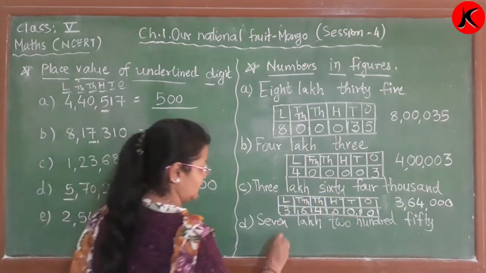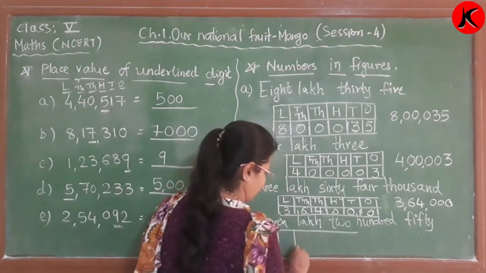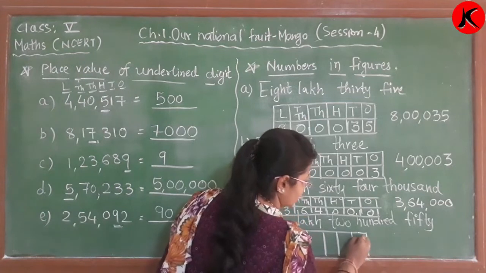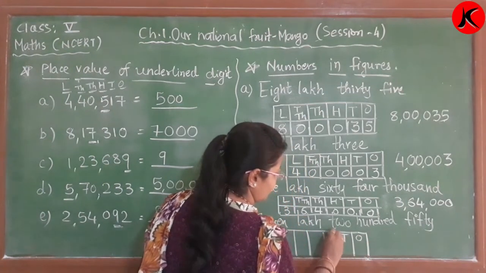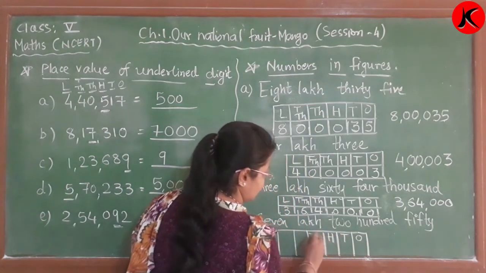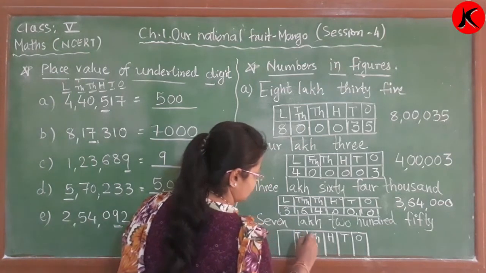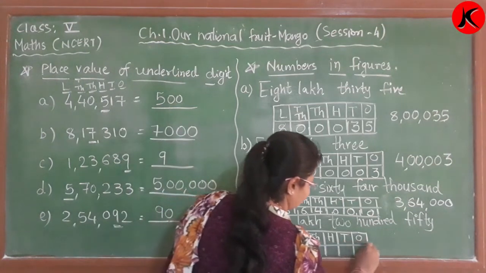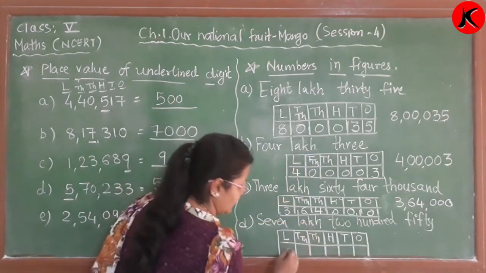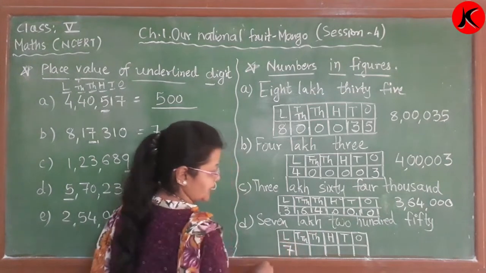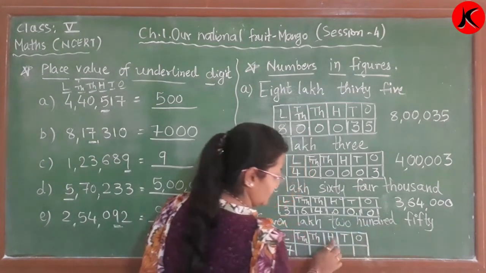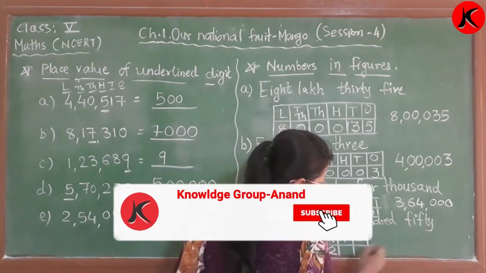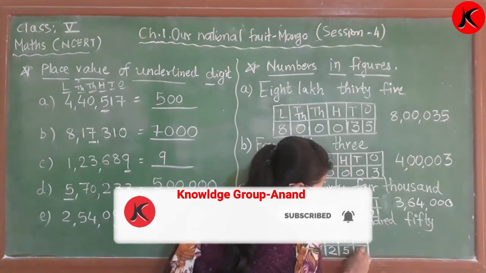Now last one. Here ones place, tens place, hundreds place, thousands place, 10,000s place, and last one is lakhs place. So now arrange the number. 7 lakh, so 7 we write on lakhs place. 200 on hundreds place, 250, so 50.